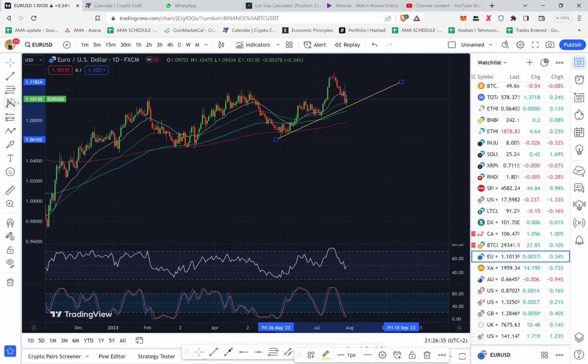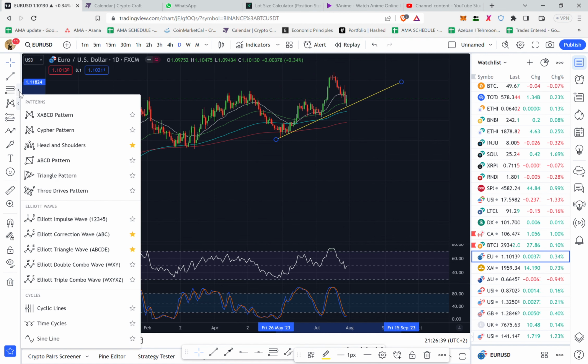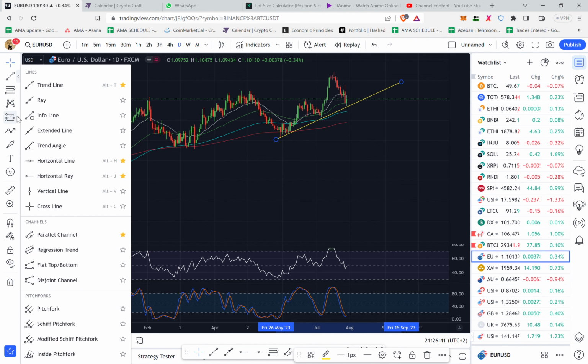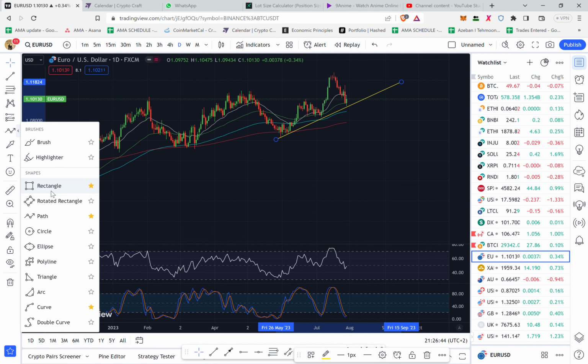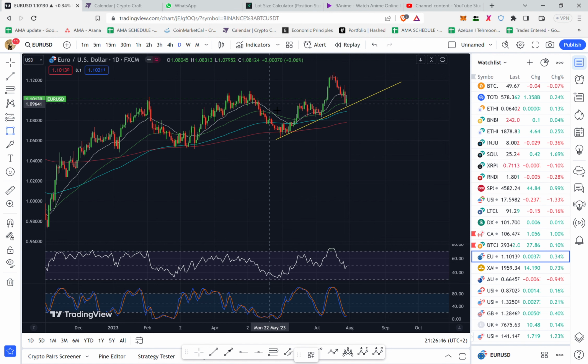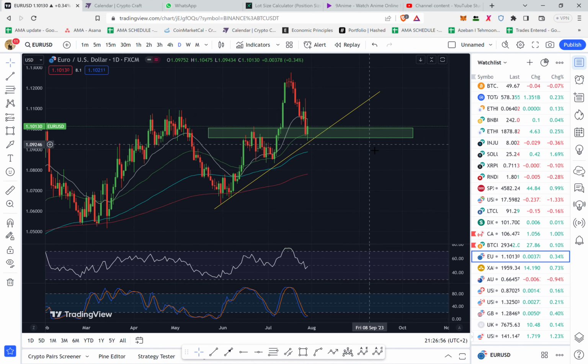We also have this good market structure confluence. So I'll take the rectangle, and if I draw it across here, we have a good market structure of support that I'm watching for a bounce. So confluence of two, I'll be looking for a bounce.